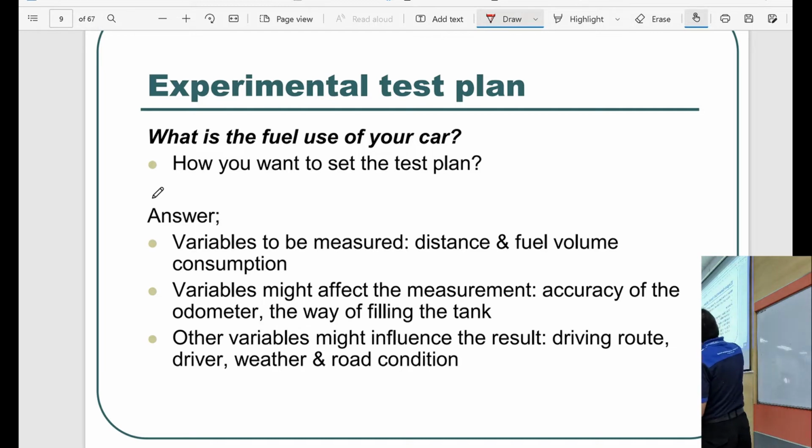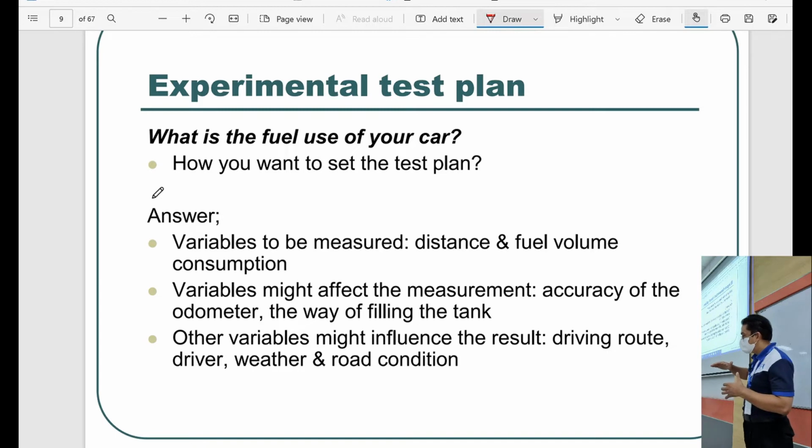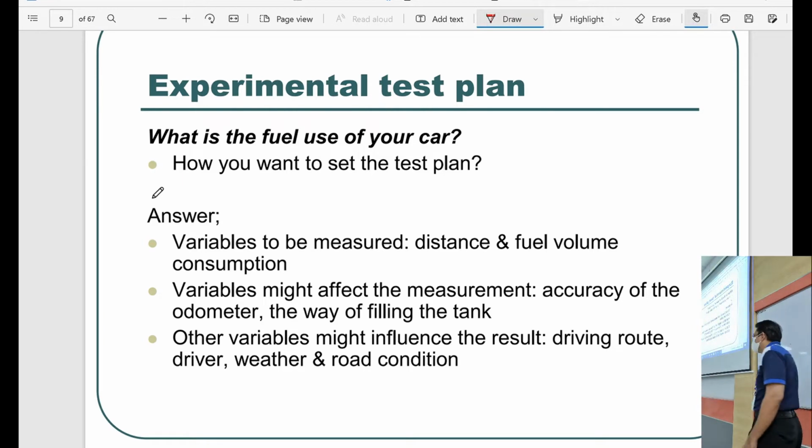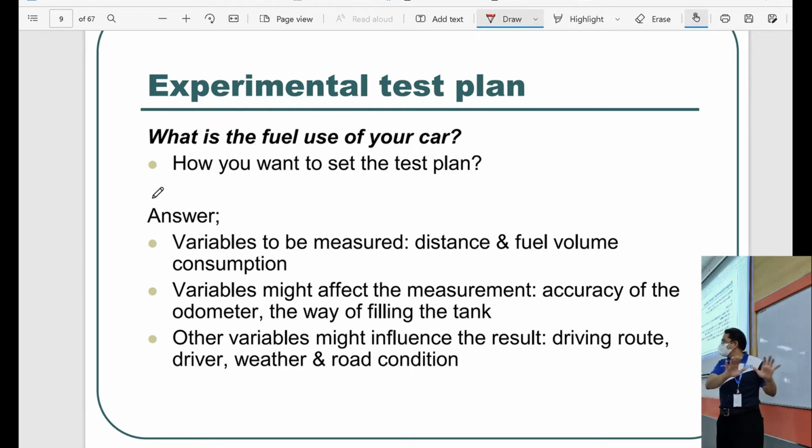And then we have the way of filling the tank. How do we fill the tank? We fill it full, or halfway, or very little. I have seen a viral video of somebody filling the fuel while shaking the car, pushing the car. I don't know why.